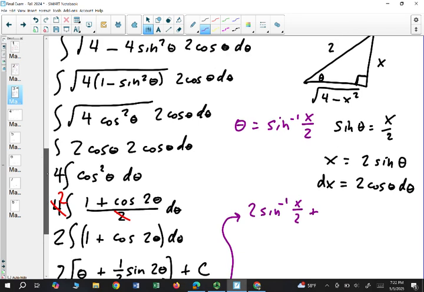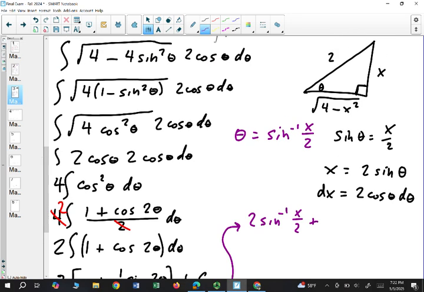So 2 times, okay, sine theta, we have that already, that's x over 2. And then cosine theta, that's our adjacent over hypotenuse, so that's the square root of 4 minus x squared over 2. And don't forget the plus c.